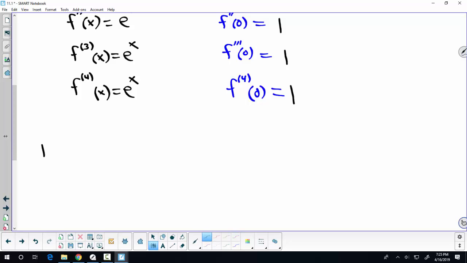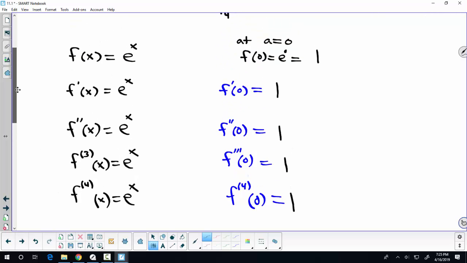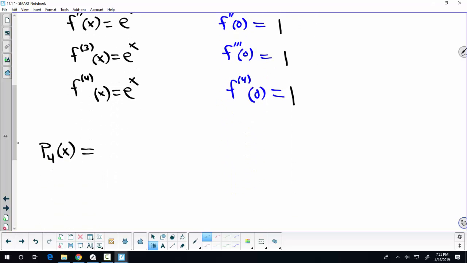Yes, let's write it out. This is p sub 4 of x. The first term is just the function evaluated at the center. So our first term is just f of a, which is 1. There's f of a plus f prime of a, we calculated that to be 1, times x minus a, x minus 0, to the first, all over 1 factorial. Maybe we'll just write that just to see.